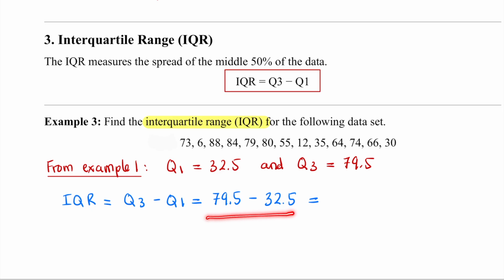And 79.5 minus 32.5 is 47. So the IQR is 47. This means the middle 50% of the data span 47 units. The IQR is useful because it is not strongly affected by unusually large or unusually small values.